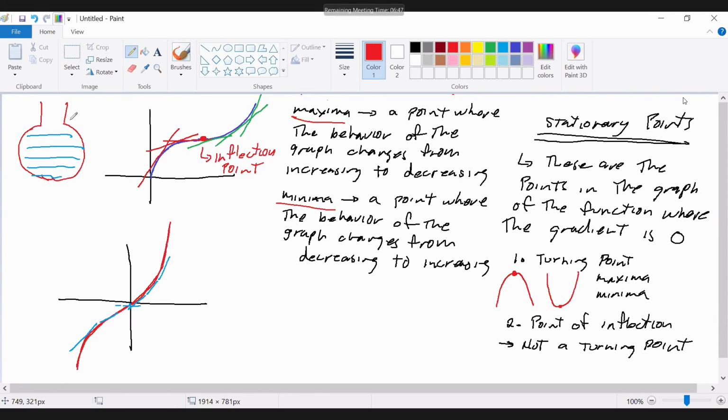And this one can be seen in many graphs. It is not a maxima or minima, but the behavior is not changing. Okay? Here in this point of inflection, it gives you what? What behavior can you see there? Increasing.